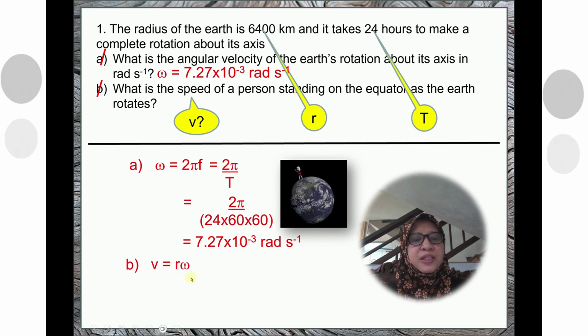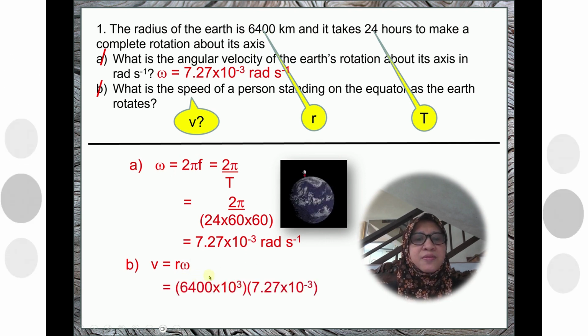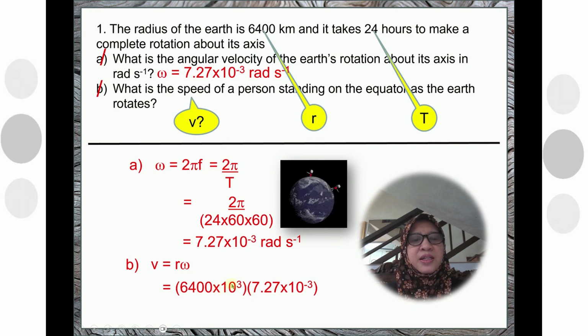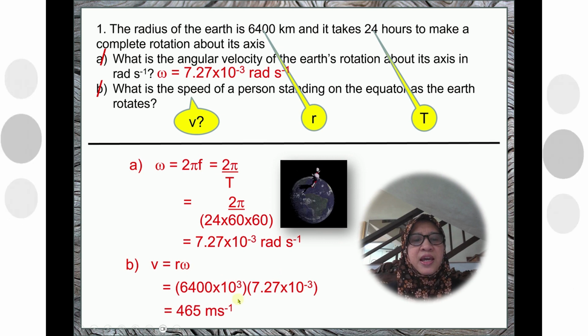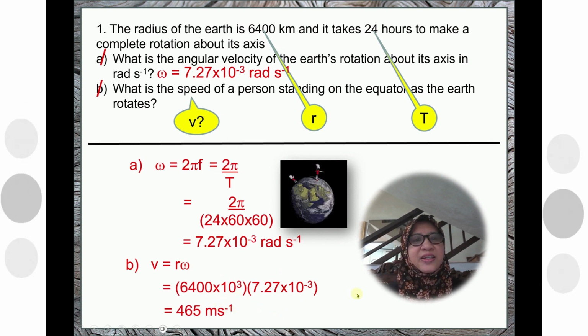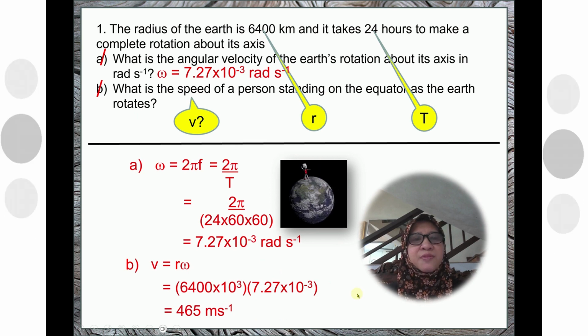So v equals r omega. Omega is angular velocity. So we substitute the radius, converted to meters, and then the angular velocity from A into the equation here. And we get the speed 465 meters per second. Okay, so that's the answer for question 1.